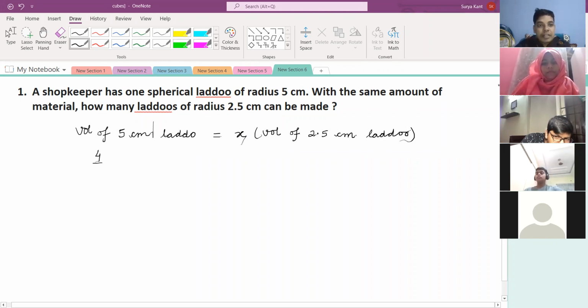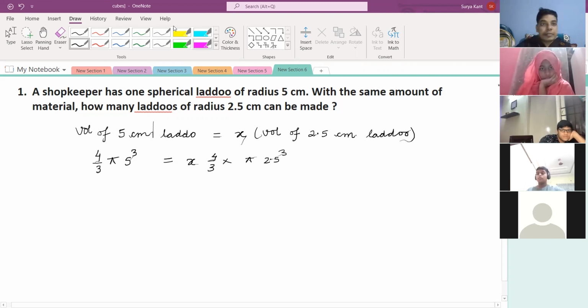So 4 by 3 pi into 5 to the power 3 is equal to X into 4 by 3 pi and 2.5 to the power 3. This is clear to everyone?